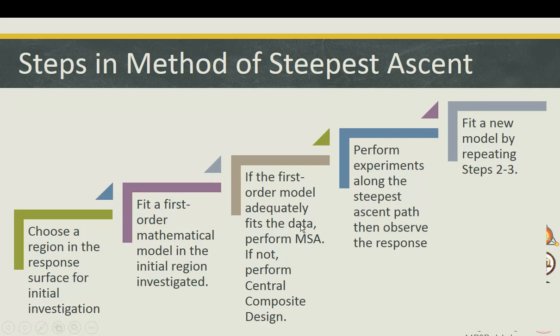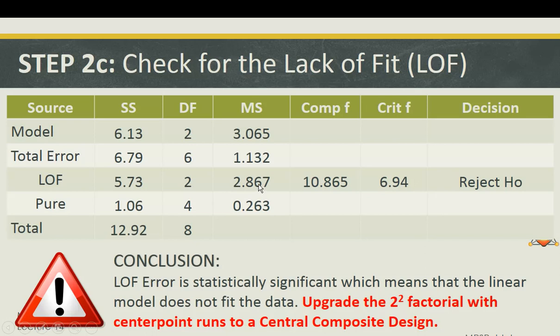If the model does not adequately fit the data, then we need to perform a central composite design. If you remember our lesson, we showed that there is indeed a lack of fit, because if you look here, the computed F value is greater than the critical F value, which indicates that the LOF or lack of fit is indeed significant.